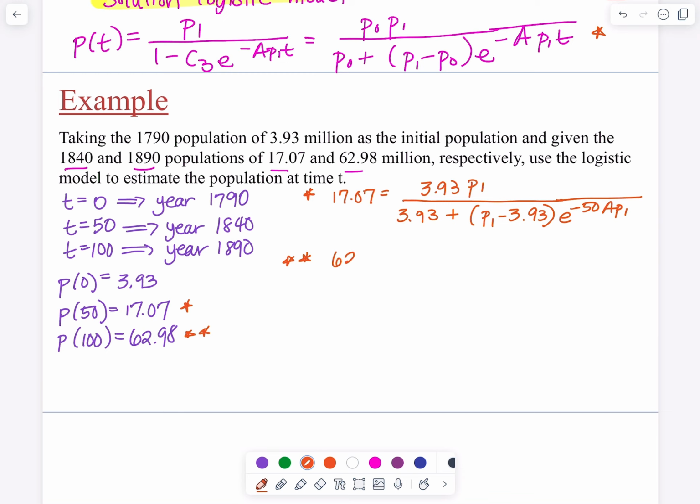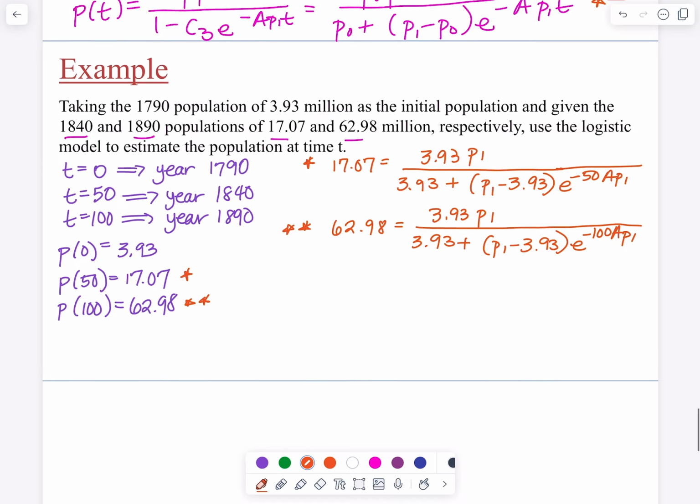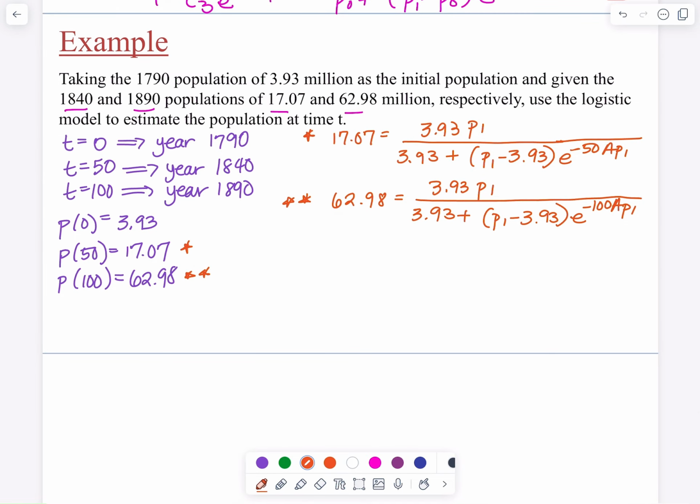We have 62.98 is equal to 3.93 P1 divided by 3.93 plus P1 minus 3.93 multiplied by e to the negative 100 A P1. Now these are both nonlinear equations and we have two unknowns.